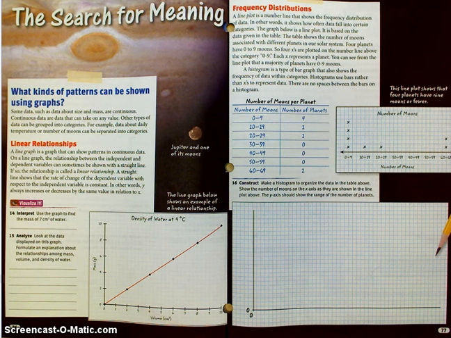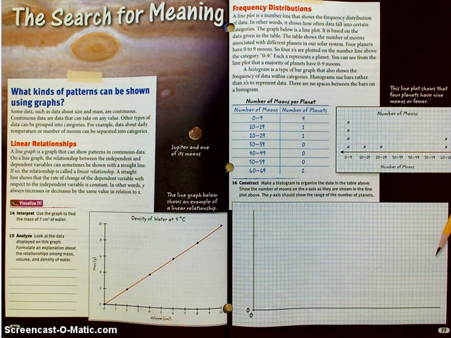So for instance, you have a graph down at the bottom that says density of water at 4 degrees Celsius. On the x-axis, you have volume, so how much water do you have? And then on the y-axis, you have mass in grams. If you look very carefully, when the volume is 1 cubic centimeter, go up to the red line, hit it, and then go over, and it's going to hit the y-axis at 1 gram.